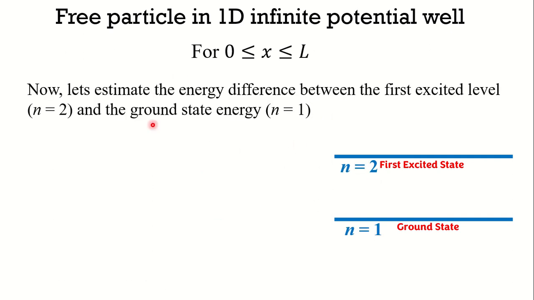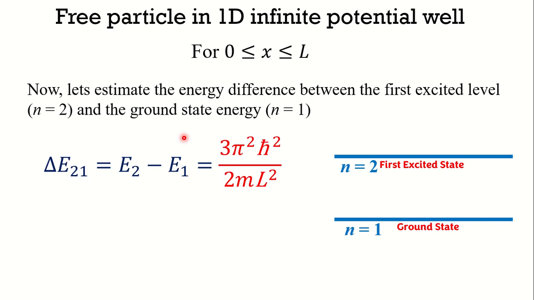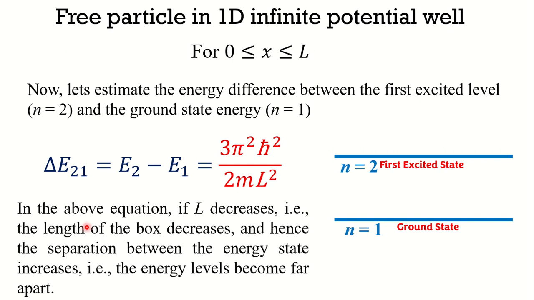Now let's estimate the energy difference between the first excited level, that is n equal to 2, and the ground state, that is n equal to 1. This value is 3 pi squared h cut squared by 2mL squared. So delta E21 is inversely proportional to L squared. In the above equation, if L decreases, delta E21 increases.